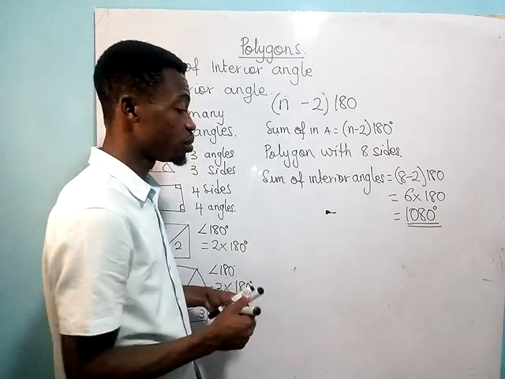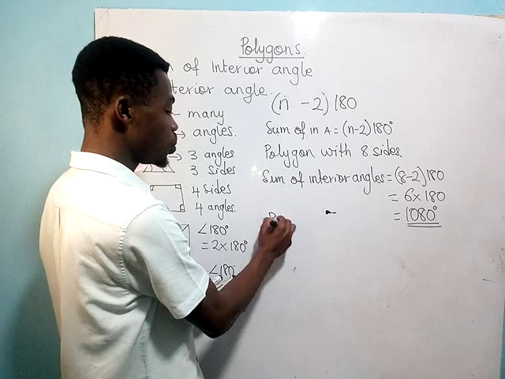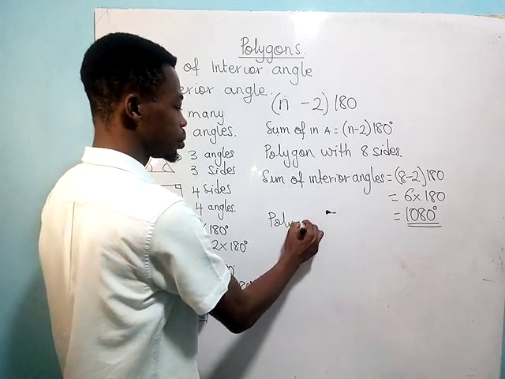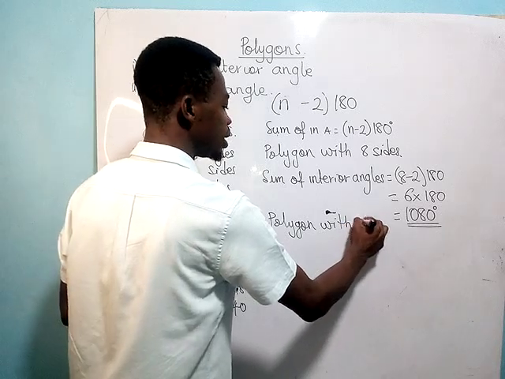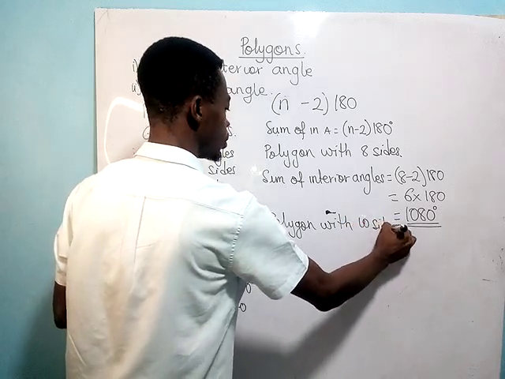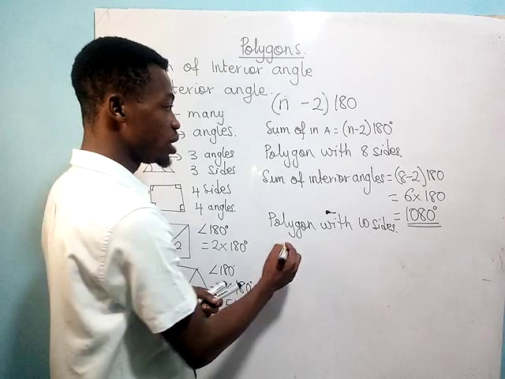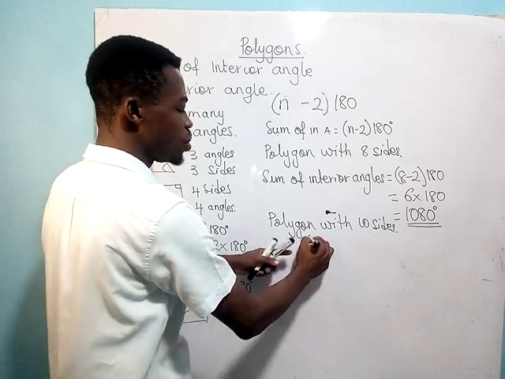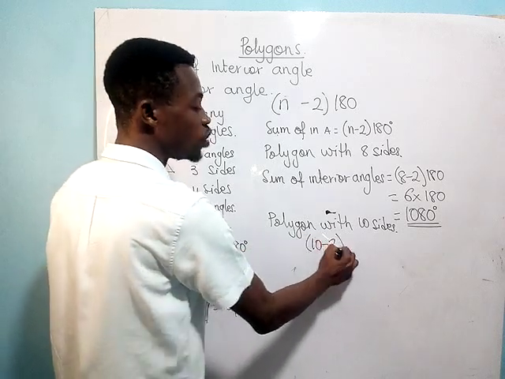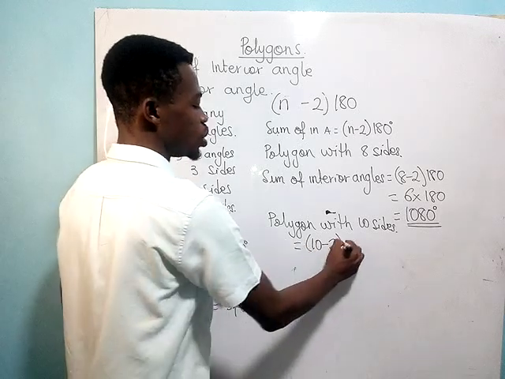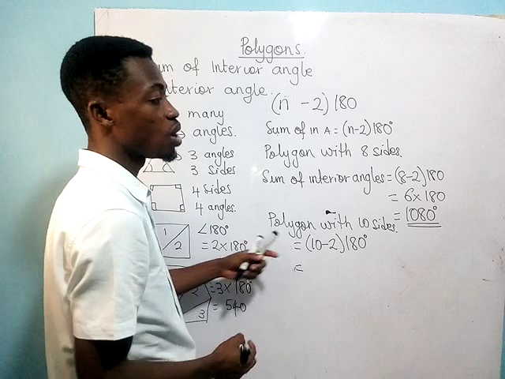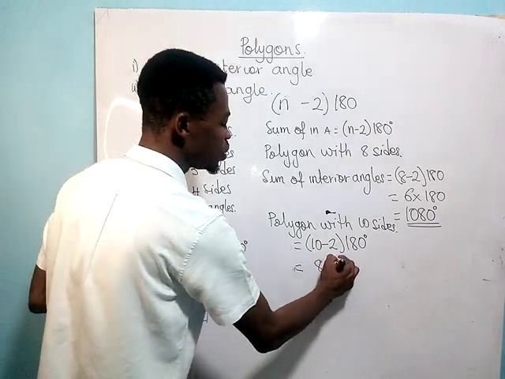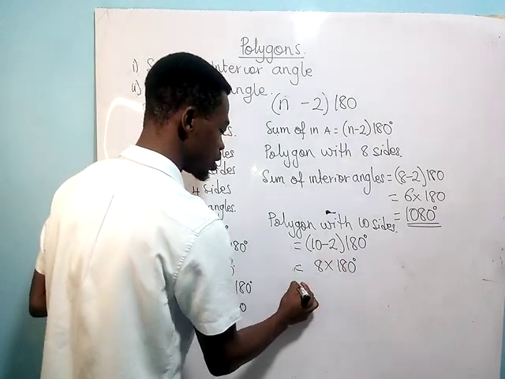Let's pick another example. A polygon with 10 sides. So we are going to have the number of sides less 2, multiplying 180 degrees, where we have 8 times 180 degrees.